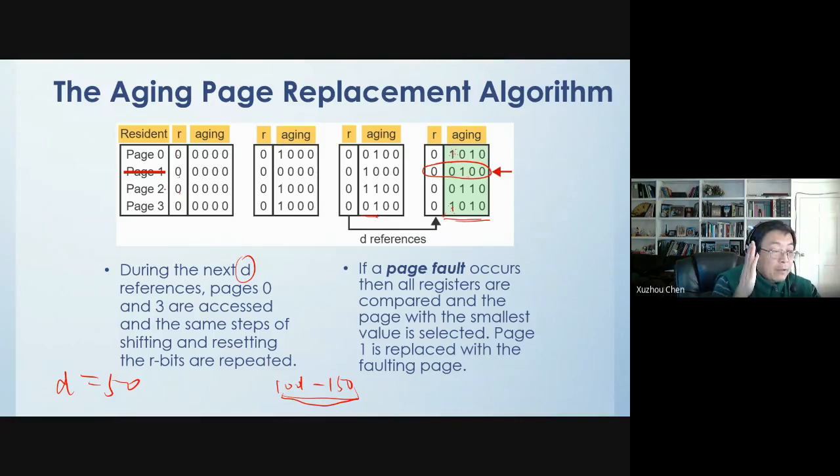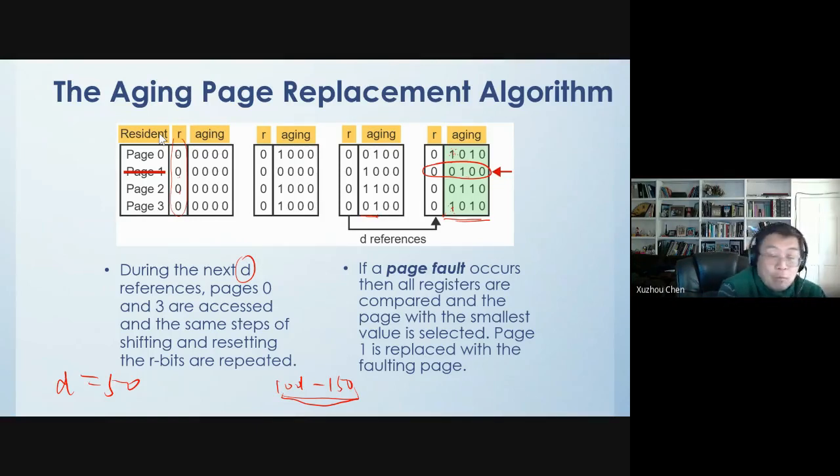Then after the 50 page reference period is reached, you update the aging register by shifting all the bits to the right, and put the most recent reference bit into the most significant bit in the aging register. So you're going to push forward. Now this is going to keep a record.